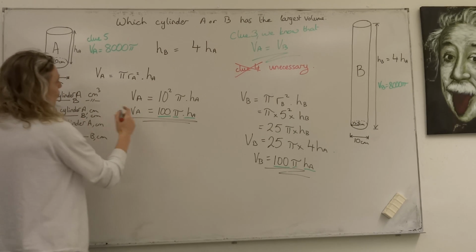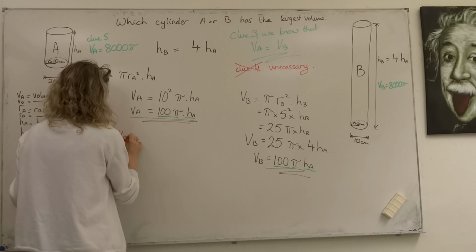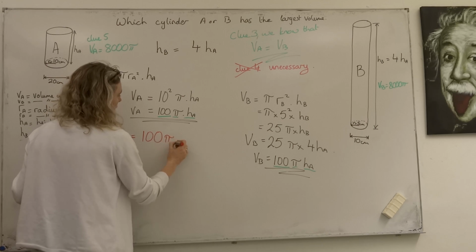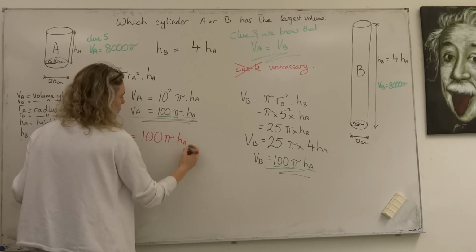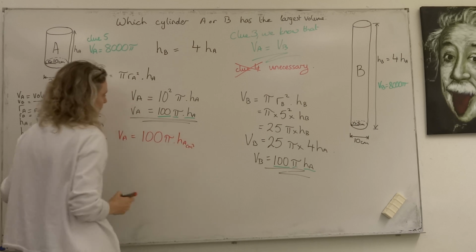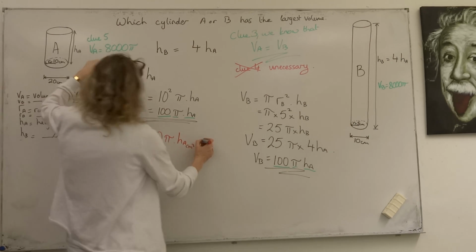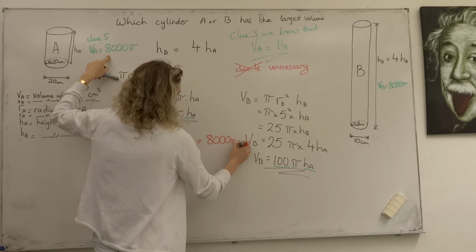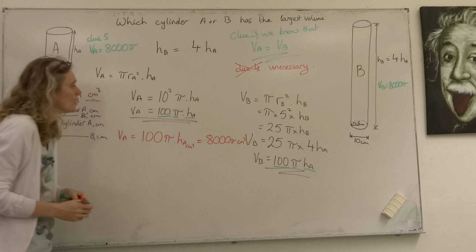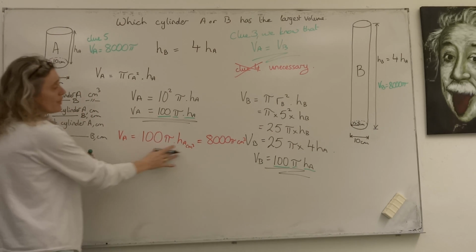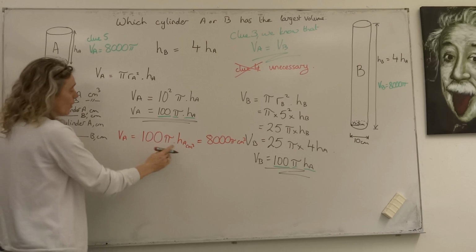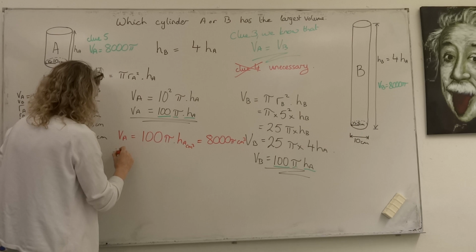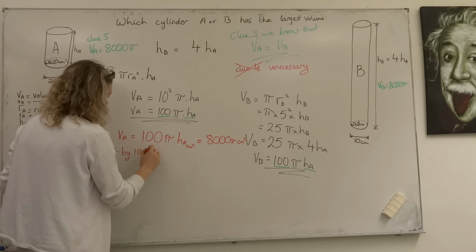We don't need the area calculations, but we can carry on from the part we have here. We know that the volume of cylinder A can be expressed as 100 pi times HA, and that unit is centimetres cubed. But we also know that the volume of cylinder A is 8,000 pi centimetres cubed. So now that we know everything except the height, let's divide both sides of our equation by 100 pi.